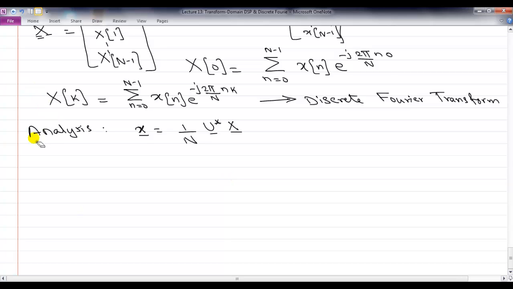So the synthesis equation is where we are trying to get back our signal from the Fourier coefficients. These capital X's are sometimes also called DFT coefficients.